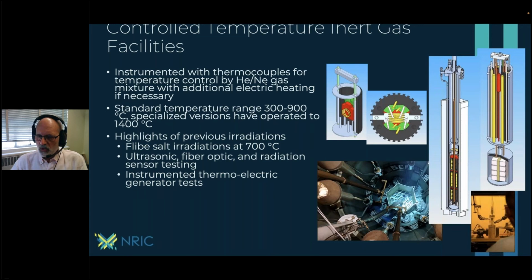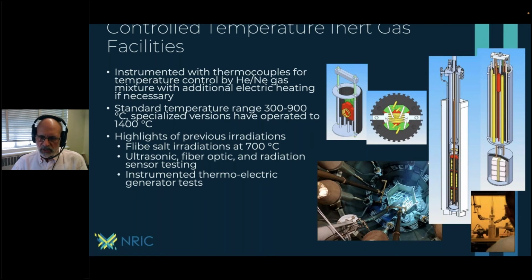So that lower capsule with the cubes in it, those are samples of glass that might be used for making fibers, and the idea was to just look at the bulk changes in those glass properties at irradiation at controlled temperatures.